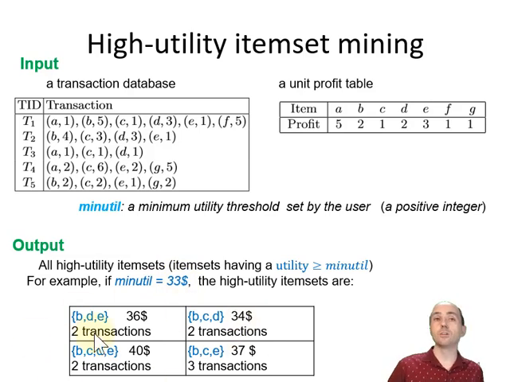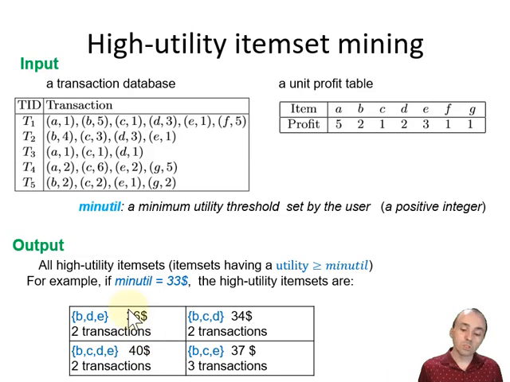When people buy B, D, E together, it appears in 2 transactions, and it makes $36 for the business. So this is another way to understand the behavior and habits, or what will make the most money when we talk about customers.